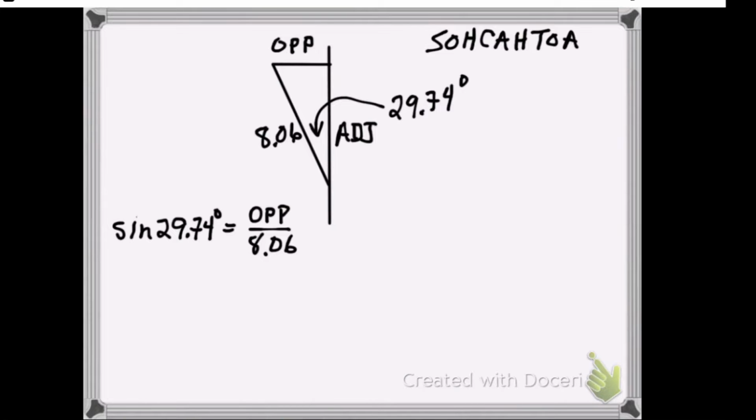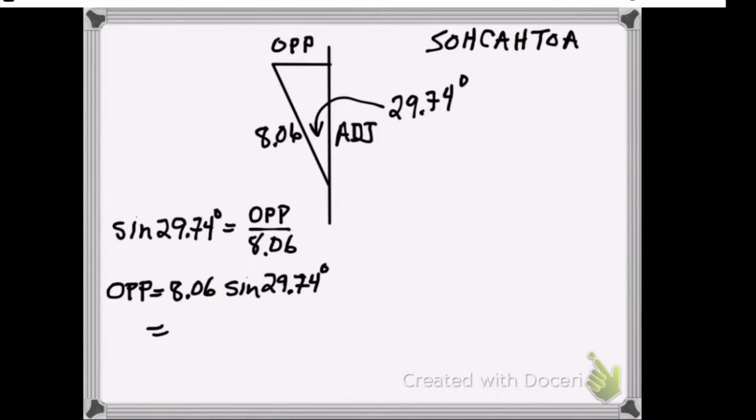So once again, we're going to multiply and rearrange, and so we get the opposite is equal to 8.06 multiplied by the sine of 29.74 degrees. And we'll use our calculator again.